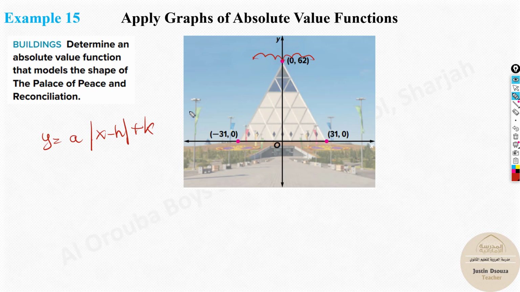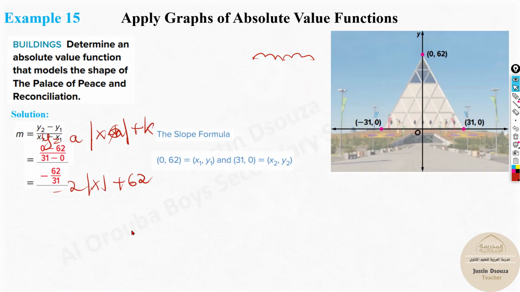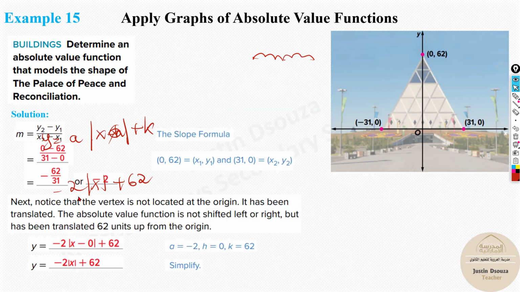Where is the x value, the h value? Whether it's right or left, it's 0. So h is not there. This is 0, gone. So you're remaining with only x over here. What about this k? It's going up by what? 62. That's it. Now the slope was negative because it's going down, and 2. This would be the final answer. Okay, so that's it. That would be the final answer here.